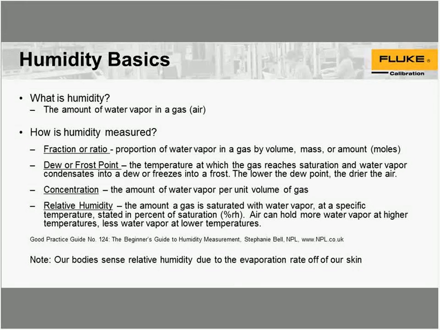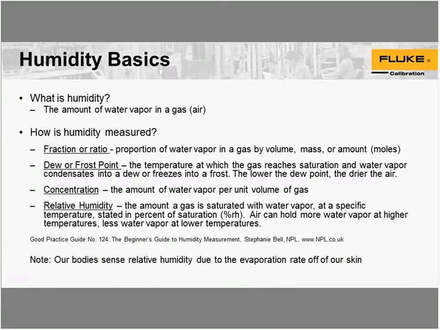And if you identify the dew point, if you know at what temperature the moisture will come out of the air, then you can use that value to calculate relative humidity, which we'll talk about here in a moment. But relative humidity is probably the most common indication of humidity. It's, in my opinion, the most confusing. But anyway, sorry for getting ahead of myself.